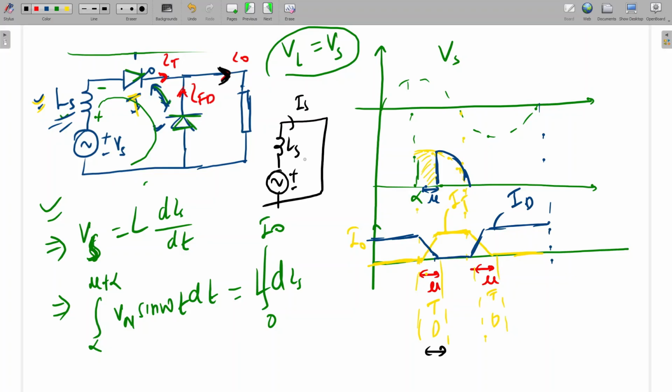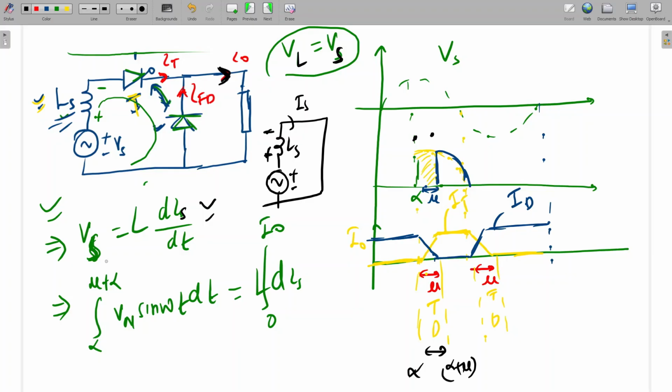This is Ls. If you apply KVL, the inductor voltage VL will be equal to Vs. So we can write Vs is equal to Ls dis by dt. During this, this instant is alpha, and this instant is alpha plus mu, since this duration is mu.